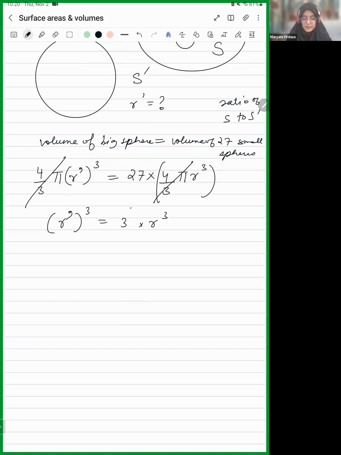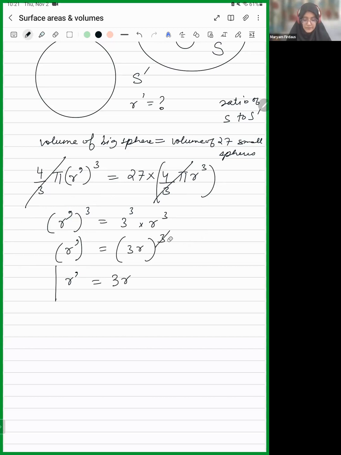So can you tell me what r dash will be from this statement? See, r dash cube is equal to 3r whole cube, right? Yes, ma'am. So from here, r dash is equal to how much? 3r, that's it, because this cube and this cube will get cancelled.